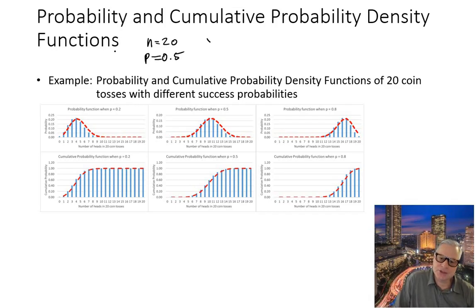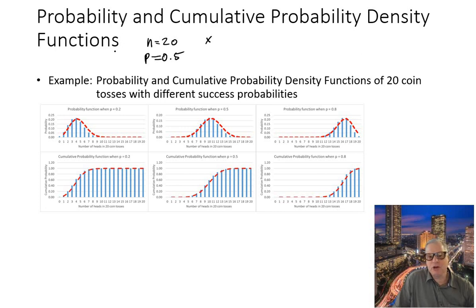So in this case, if you flip a coin 20 times and record the number of heads, maybe you get 10. Then you flip it again 20 times, maybe this time you get 9.